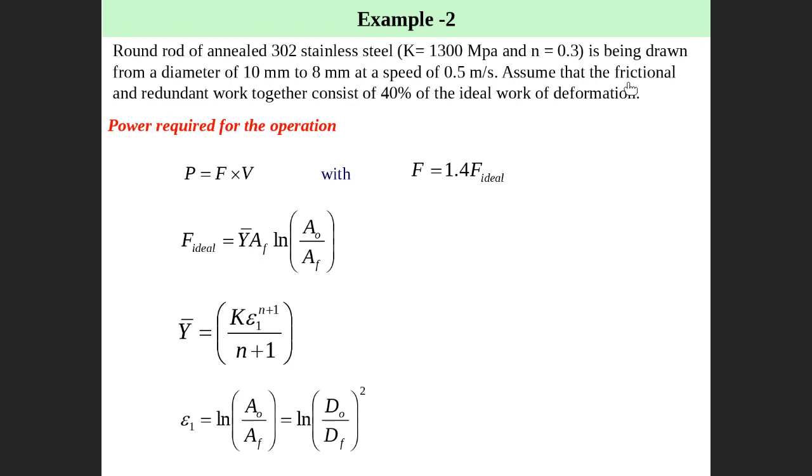Assume that the friction and redundant work, listen carefully here, is inhomogeneous deformation. Assume that the frictional and the redundant work together consist of 40% of the ideal work. What does that mean? It means that the actual work is 40% higher than the ideal work.